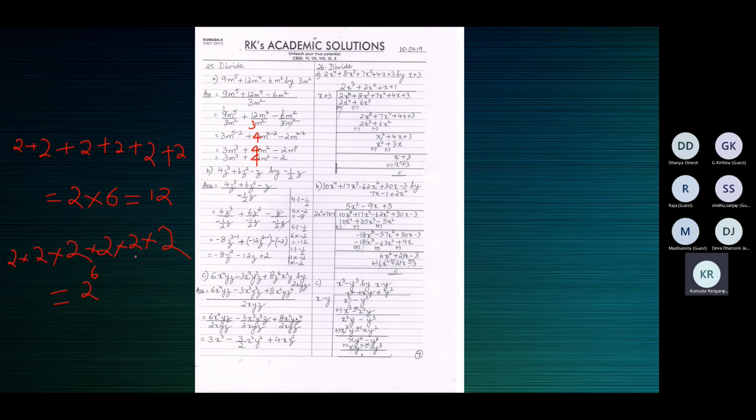So 2 to the power 6. Repeated addition is multiplication. Repeated multiplication is written in the exponential form, where 2 is the base, 6 is the power. 2 to the power 6 means 2 into 2 into 2 into 2 into 2 into 2, 2 multiplied with itself 6 times.